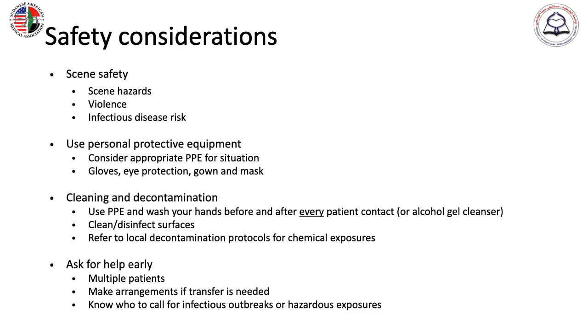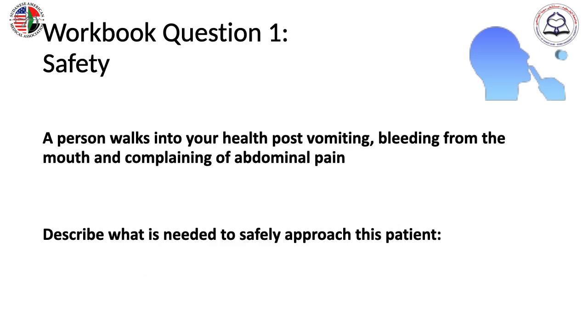And whenever you have an outbreak, you should know the chain of communication, to whom you should communicate, and when there is chemical exposure, to whom you should transfer this information. Imagine a person coming to your office or to the emergency room vomiting blood and complaining of abdominal pain.